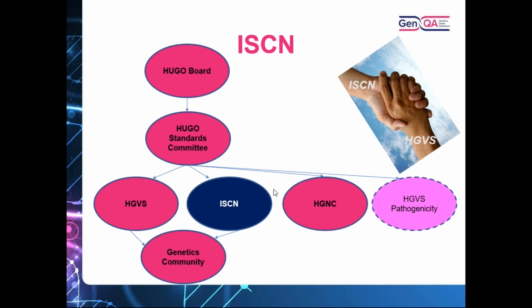Now, all 4 groups will report to a newly formed HUGO Standards Committee, which has 2 representatives from HGVS. It has myself and the deputy from ISCN and representatives from HGNC, and in future from the HGVS Pathogenicity Committee. And the HUGO Standards Committee does report to the HUGO board. So it's a bit more joined up.